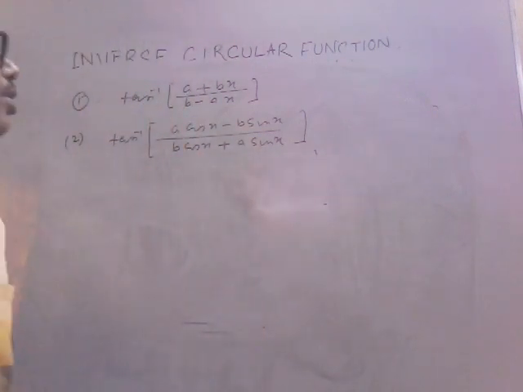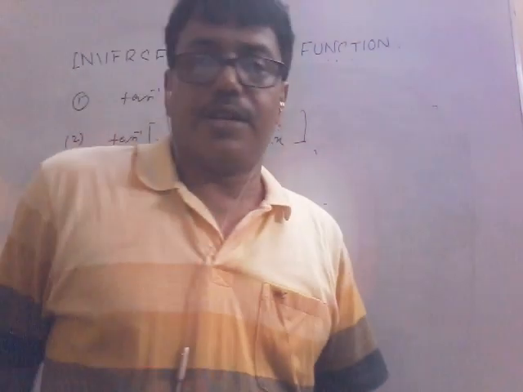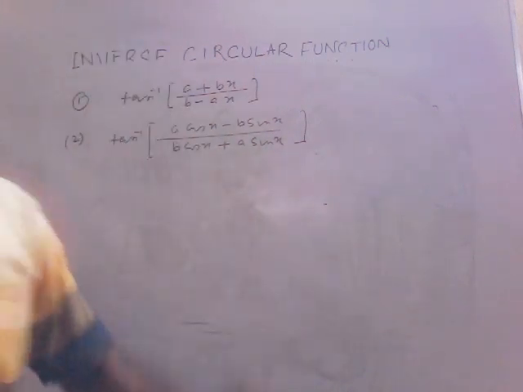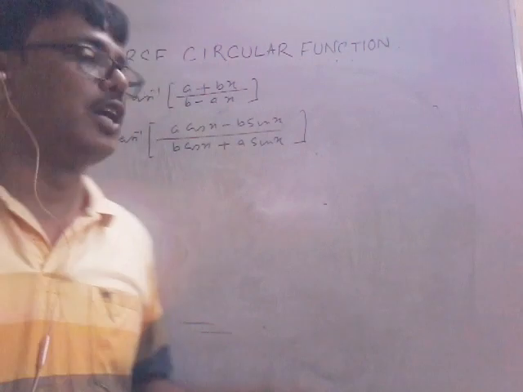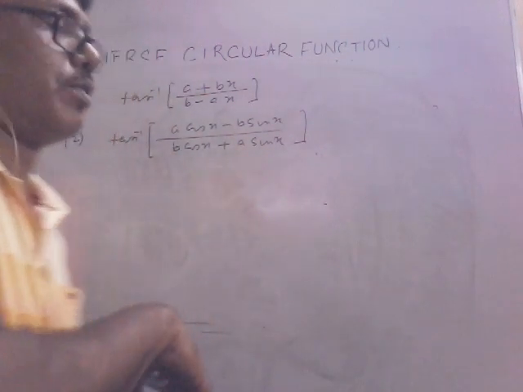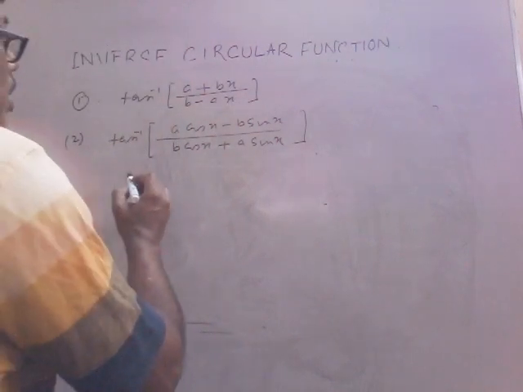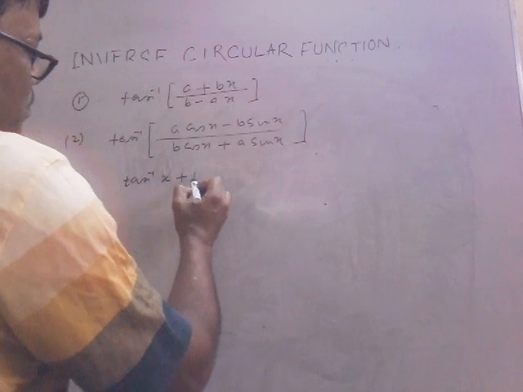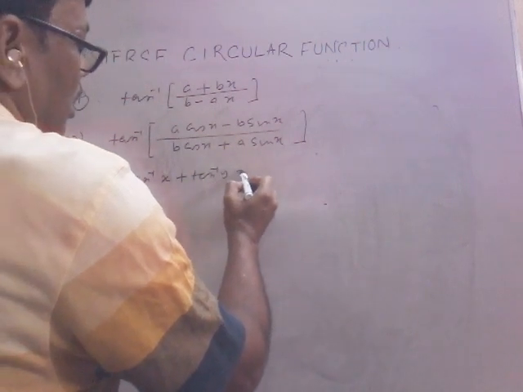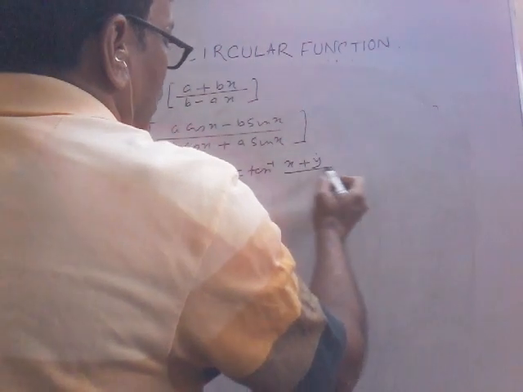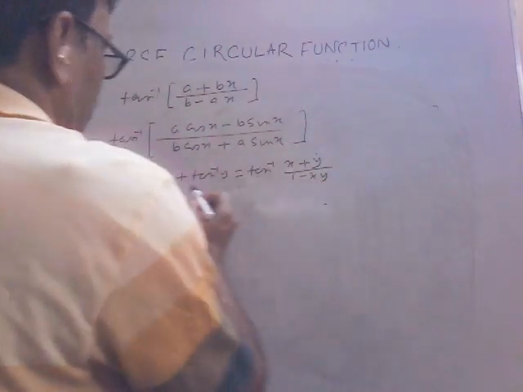Now look, here you have to use the compact form of tan inverse x, tan inverse y. No need of transformation. What is the working tool here? Look, this formula, tan inverse x plus tan inverse y. If no restriction is given, x plus y by 1 minus xy.